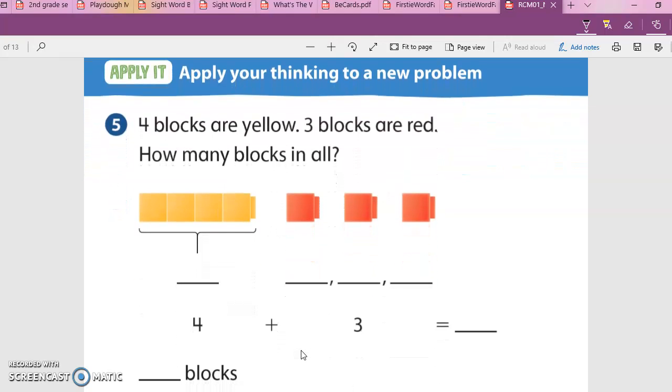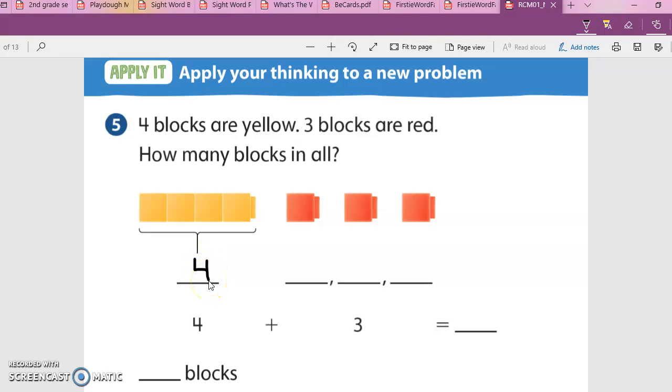Okay, here's another one. 4 blocks are yellow. 3 blocks are red. How many blocks in all? They've drawn the picture for us again. How many blocks did they draw that are yellow? 4, right? So we're going to write a 4.